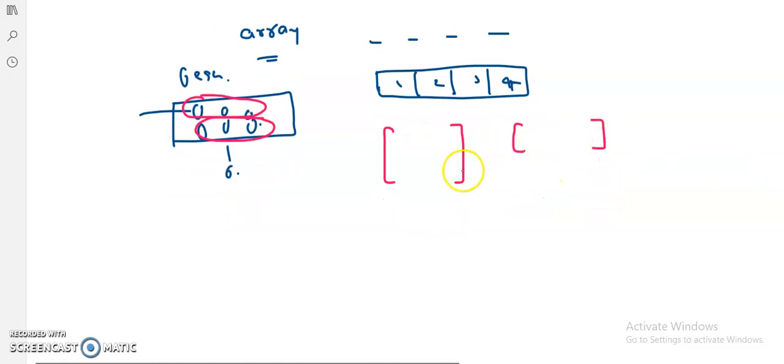If we are representing in square brackets, then it is called a square matrix. Of course, one more specific definition is there for the square matrix that we will see later. As a starting point, first we will explain the concepts in a simple way. And if the brackets are rectangular, then the matrix is called a rectangular matrix. Fine. And now within these brackets we are going to place the elements.